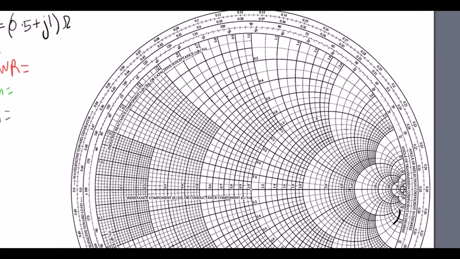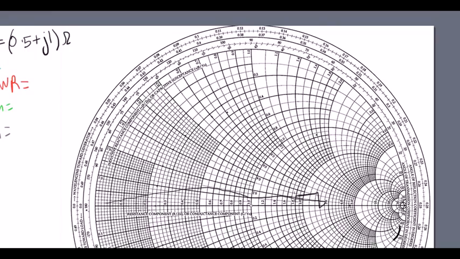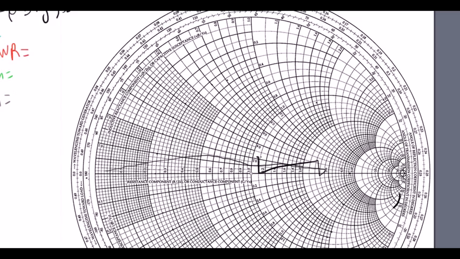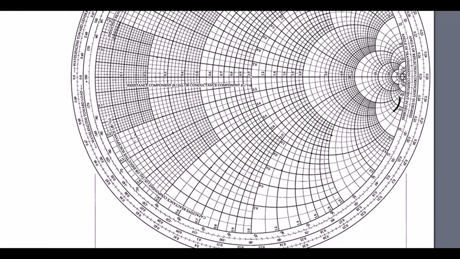You have the resistance component down here, which is the x-axis, the whole thing actually, and then you have the inductive reactance component, or the capacitive susceptance component, and you get the negative end on this side.